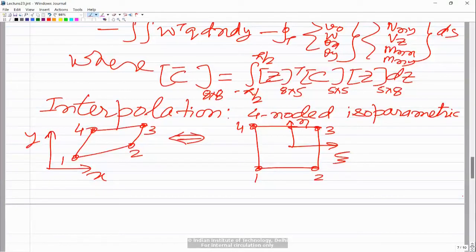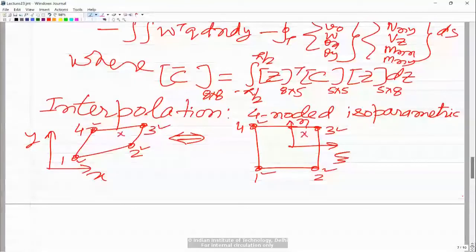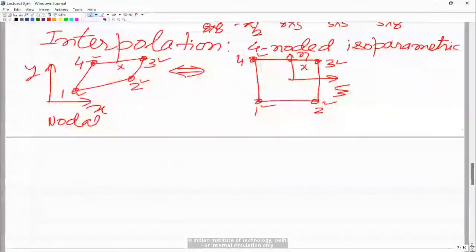That means this node corresponds to this node in the physical coordinate space, this corresponds to this, this to this, and this to this. And then any point inside the element, you have some point here, there would be a corresponding point xy in the physical coordinate space. As I already said, when you look at the nodal degrees of freedom, each node has these primary variables as degrees of freedom. Nodal DOFs means degrees of freedom. So these are u naught, v naught, w, theta x and theta y.